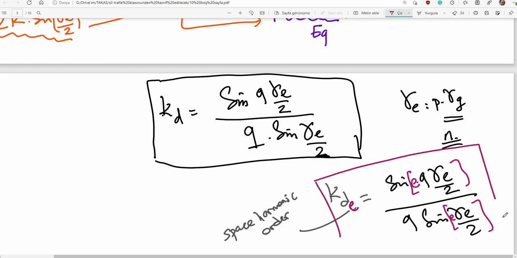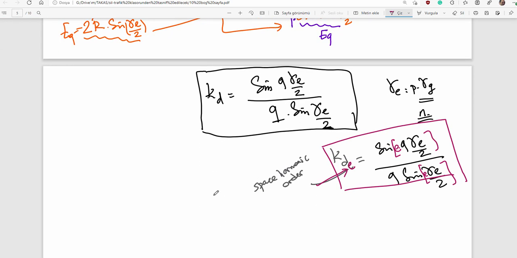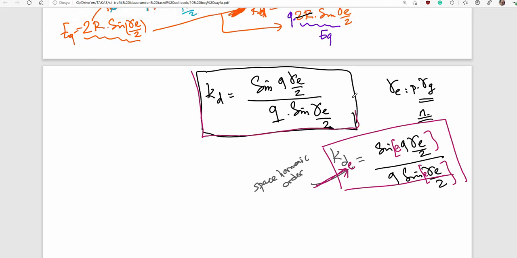Okay, that is the distribution factor for the eighth space harmonic. But we don't deal with these space harmonics during electric machinery course 2, so we only deal with this. We assume that machine windings are distributed sinusoidally, there is no harmonic terms.